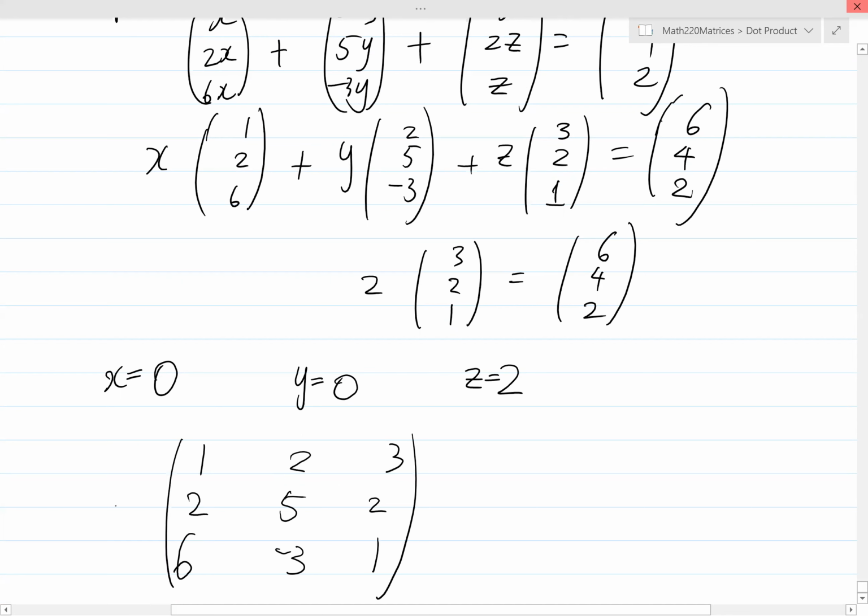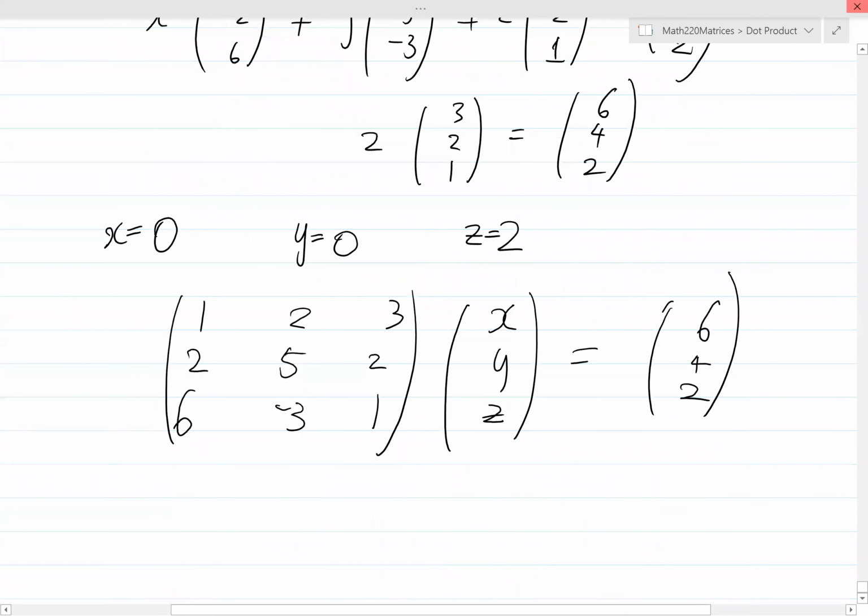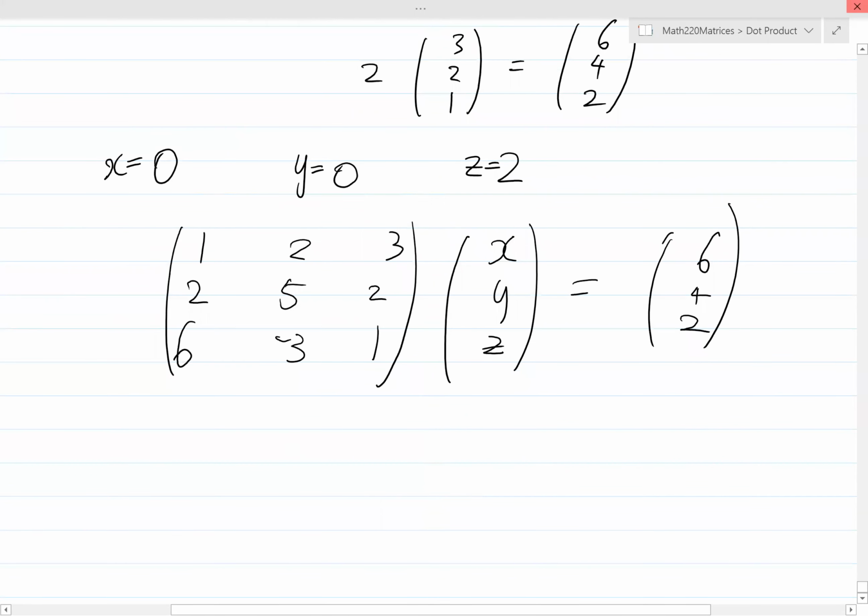This is the matrix A. Multiplied by the vector x, y, z, it gives 6, 4, 2. So this is the matrix A times the vector x, which gives another vector, let's write it as B. Here we solve for x by multiplying by the inverse.